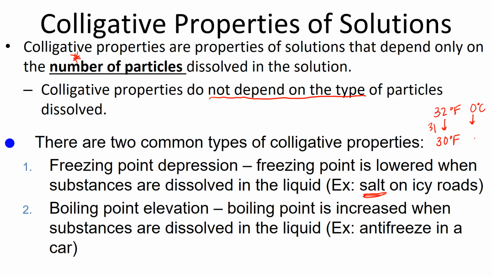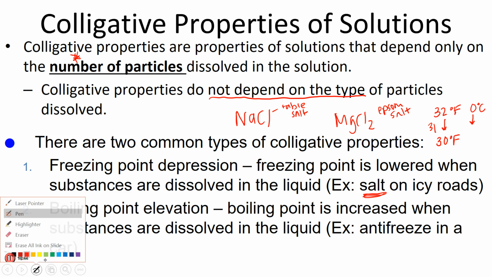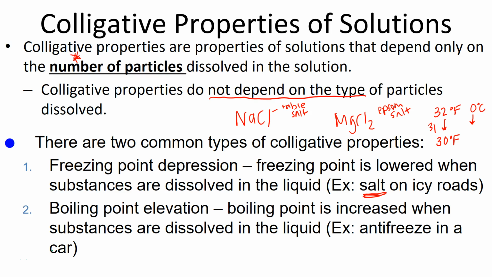What I mean by number instead of type is this: if we have NaCl, which is table salt, and magnesium chloride, which is Epsom salt, what you use in a bath when you're really sore to help relax your muscles. Sodium chloride has two particles, sodium and chlorine.